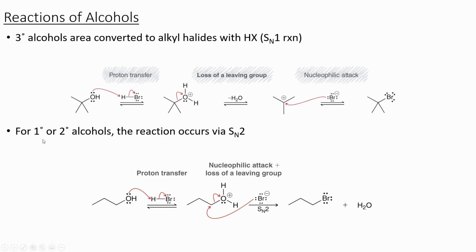In the presence of a primary or secondary alcohol, we can form these same products, but instead we're going to undergo a different mechanism. We still have a protonation, proton transfer as our first step, and then on the second step, instead of a loss of a leaving group, we have concerted nucleophilic attack of the halide anion to form the product.